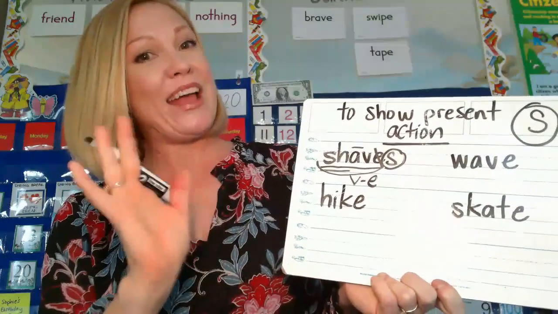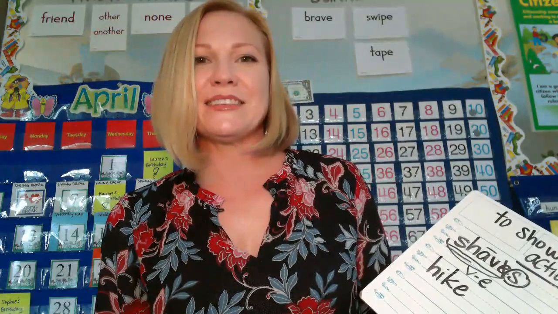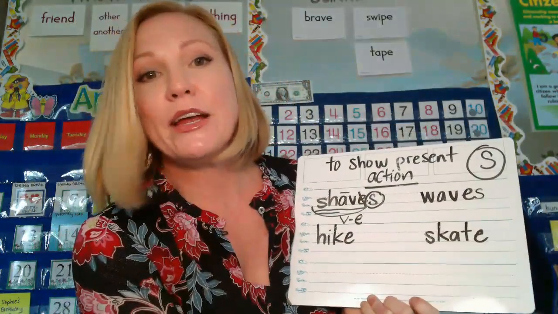How about the word wave? Miss Buck waves at you. Can you sound out this word and write it on your board? Ready? Wave. W-A-V. Wave. Write down that word and add an S because I'm doing it right now. Let me add my S and then let's mark it up.